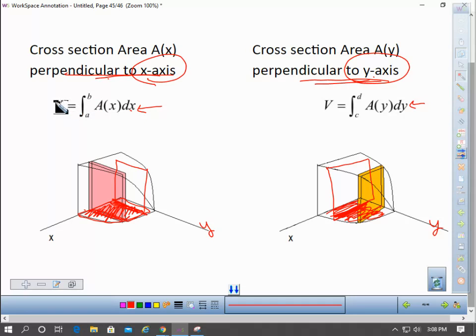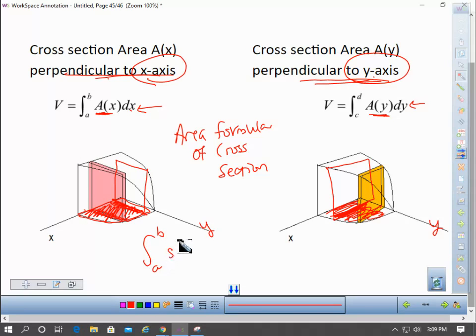Now, notice it says the volume is the integral of A. The volume is the integral of A. Well, A is the area formula of the cross section. So whatever your cross section is, that's the area formula that you integrate. So in this case, if these are squares, I would be integrating from a to b side squared dx.